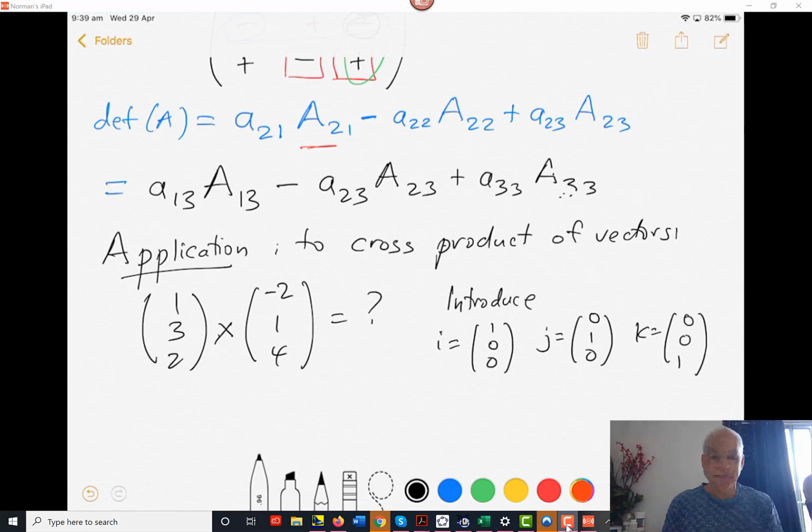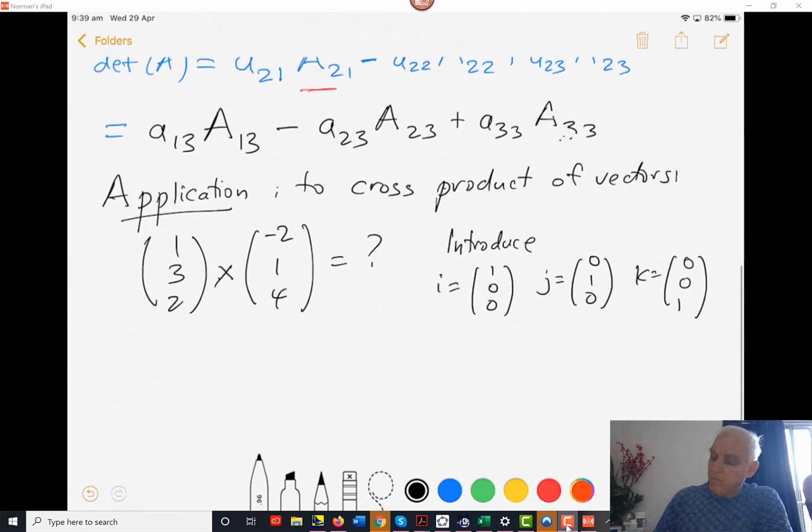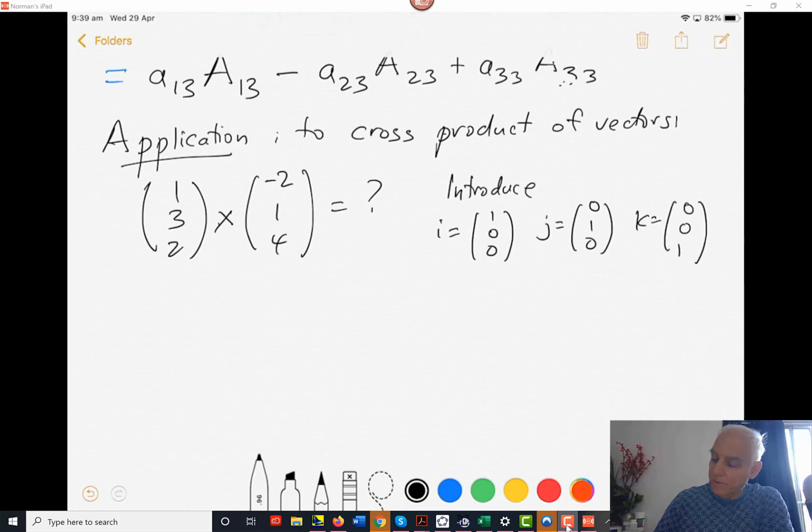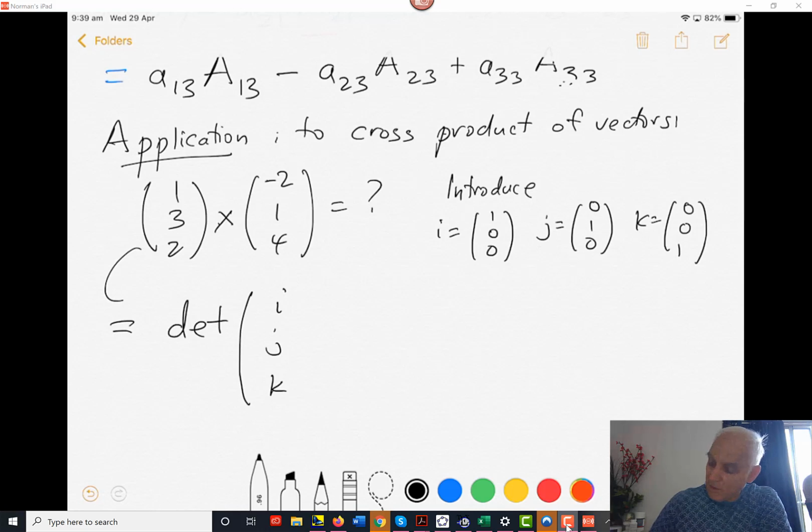Okay, just the three basis vectors. Then we can define this cross product, so this thing here, is equal to, it's a kind of a funny formula, a determinant with i, j, k down the first column, and then the first vector, 1, 3, 2, down the next column, and the next vector, -2, 1, 4, down the third column.